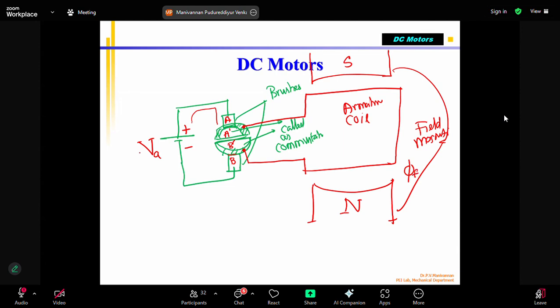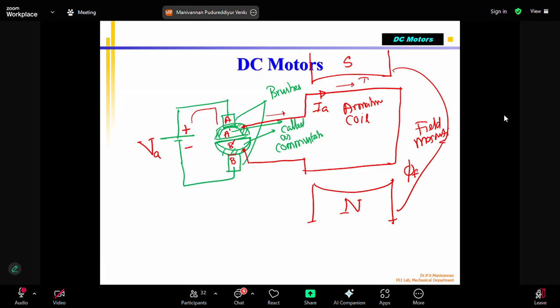Now, since I am supplying VA, a current IA is flowing through the coil from the battery to brush A, to commutator part A dash. Then the current goes through the wire, the single-turn armature coil. It goes like this.